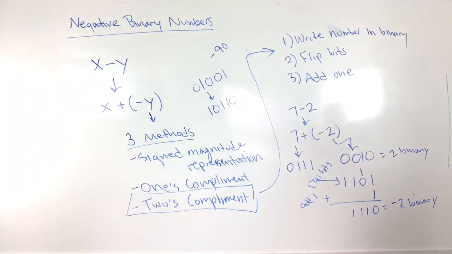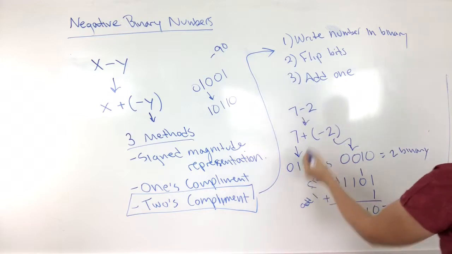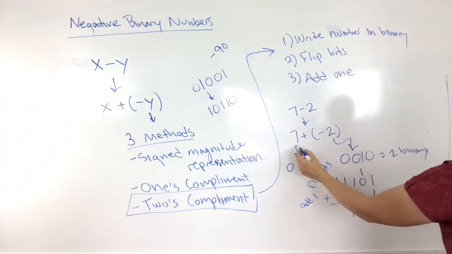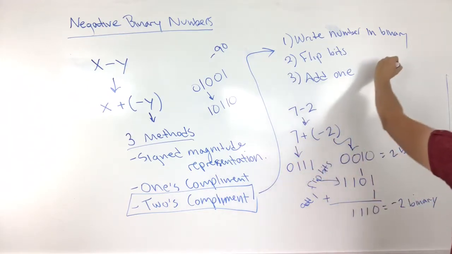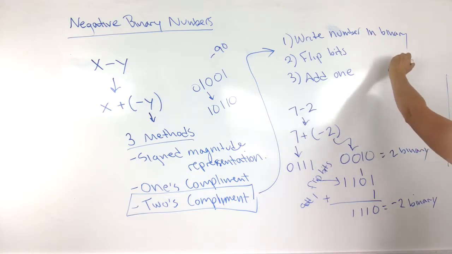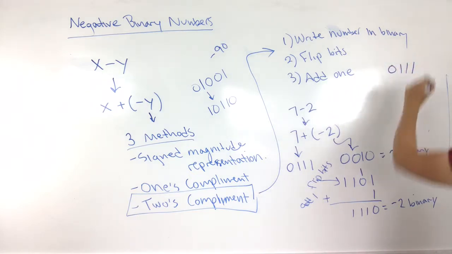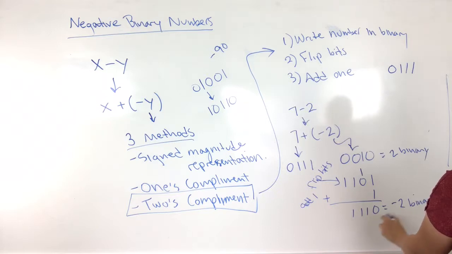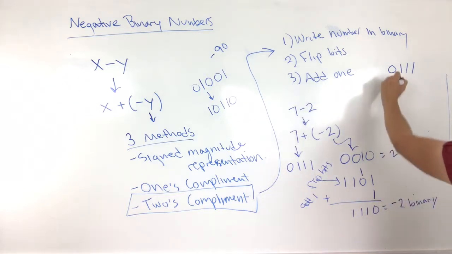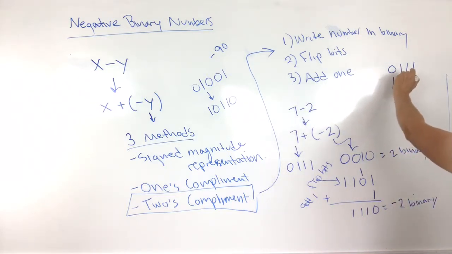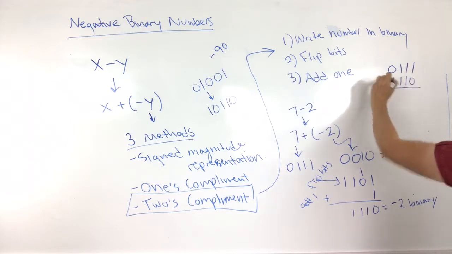So now we just add these up. We have our number for 7, and we're doing 7 plus negative 2. So we write down 7: 0, 1, 1, 1. And then we write down our binary number for negative 2. So this is 1, 1, 1, 0. We add these together.